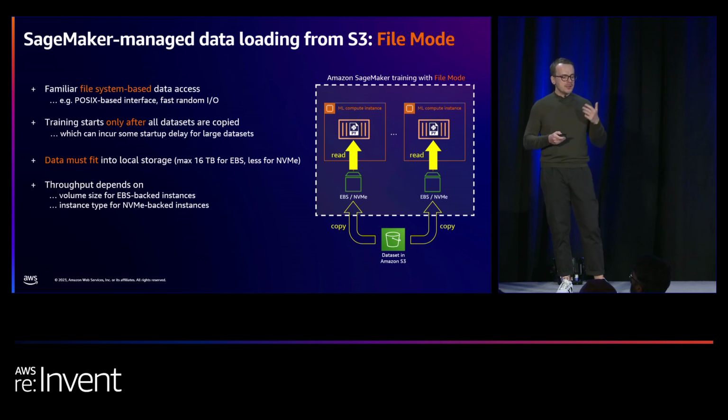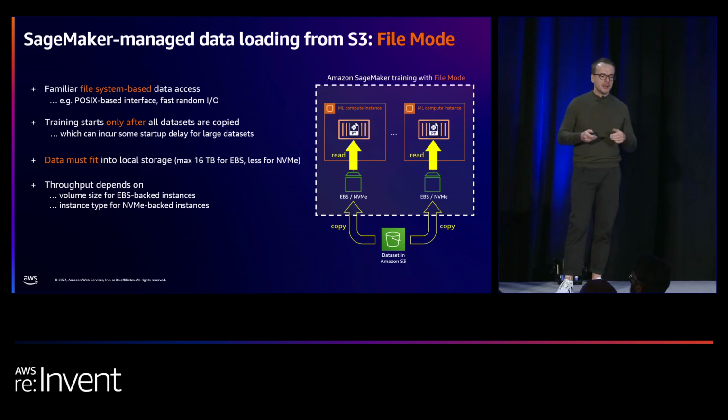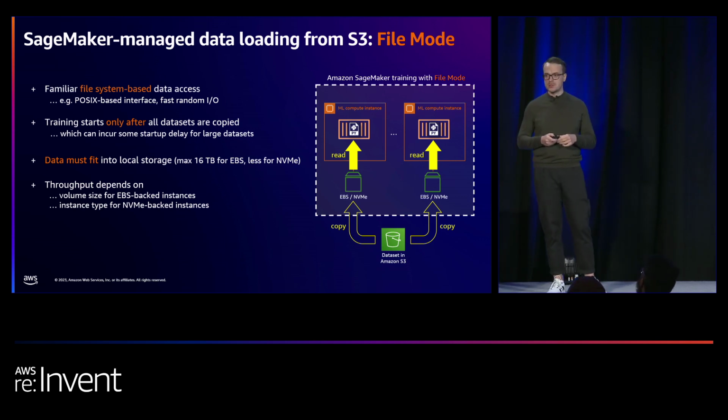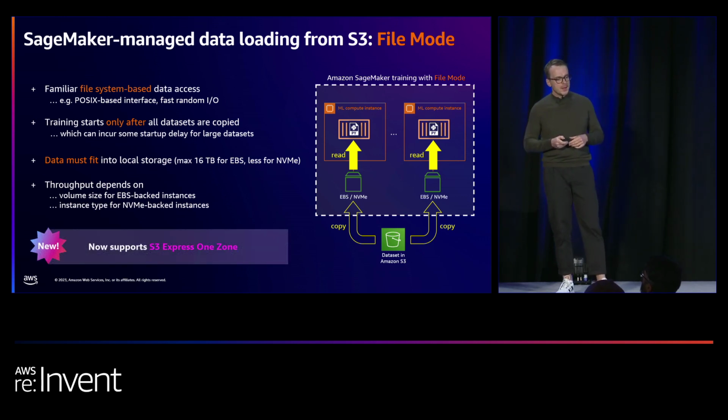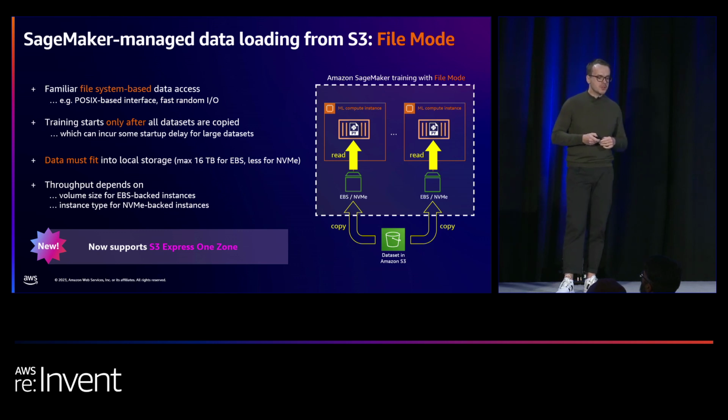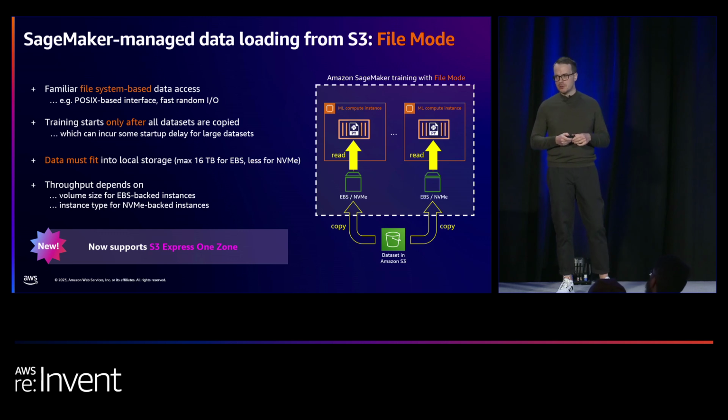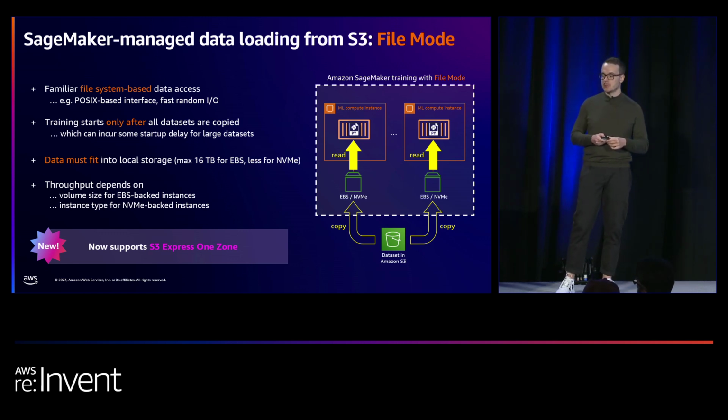Also, if you read data locally, there might be cases where your throughput will be dependent on the volume size of the EBS-backed instances or the instance type itself if you're using NVMe-backed instances. Now, file mode supports S3 Express One Zone, which will allow you to significantly reduce the download phase if you choose this input mode.